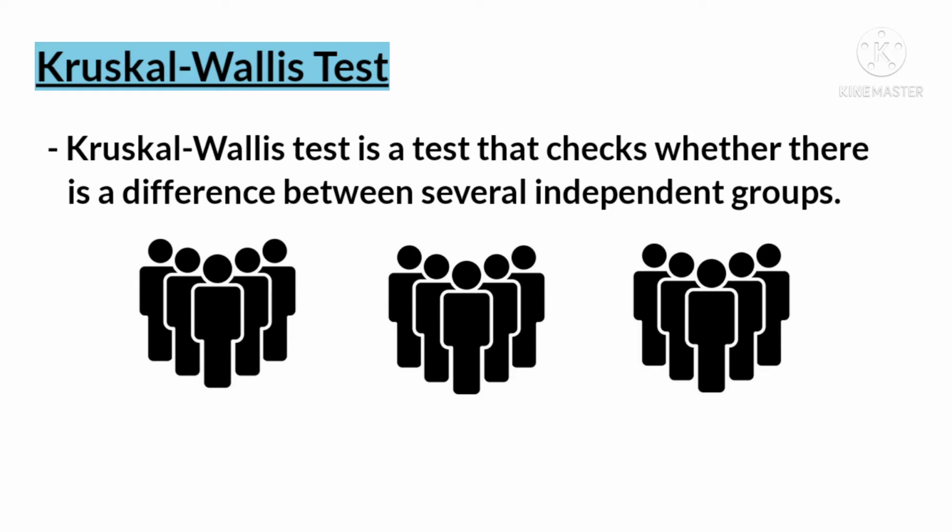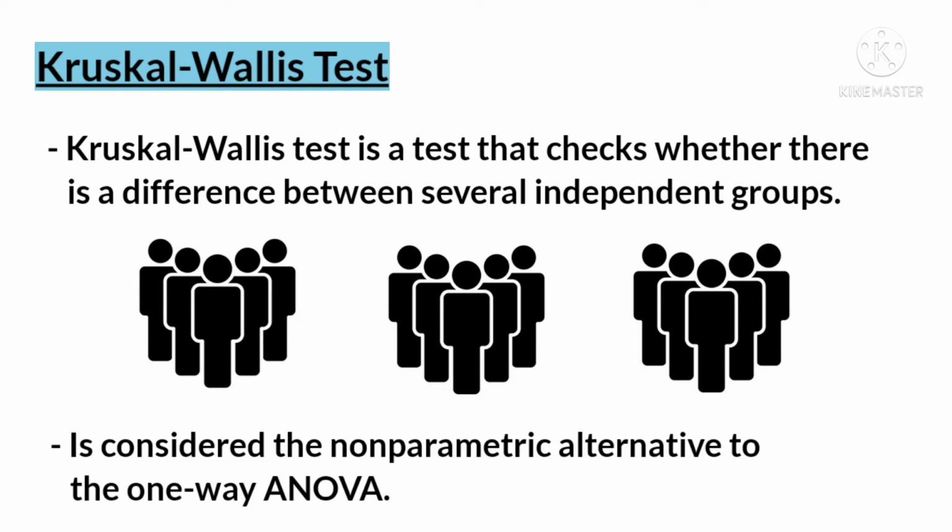That's right, but if your data are not normally distributed and the assumptions for the analysis of variance are not met, we use the Kruskal-Wallis test. The Kruskal-Wallis test is considered the non-parametric alternative to the one-way ANOVA, or one-way analysis of variance.